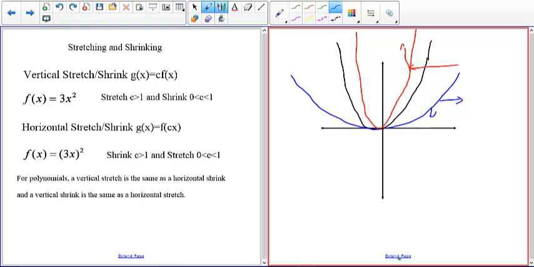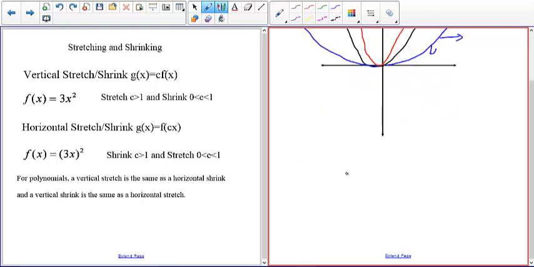And one way to think about it is, let's say I have the function 3x squared. That's the same as the square root of 3 squared times x squared. So if you square the square root of 3, you just get 3. Now these both have the same exponent, so you can combine them. So you get the square root of 3x quantity squared.